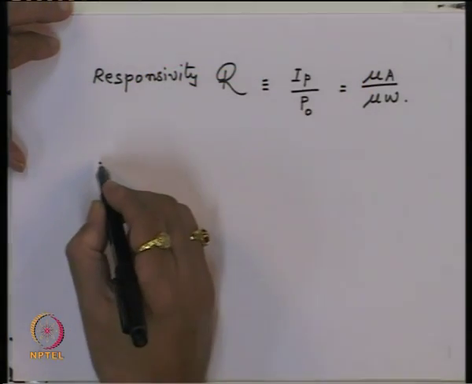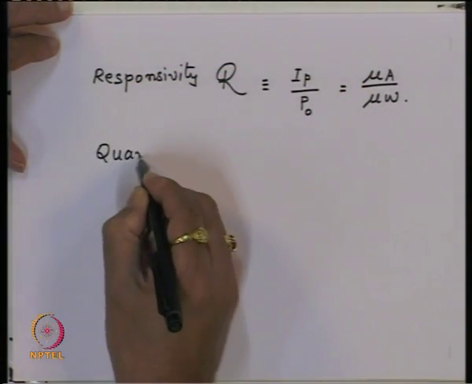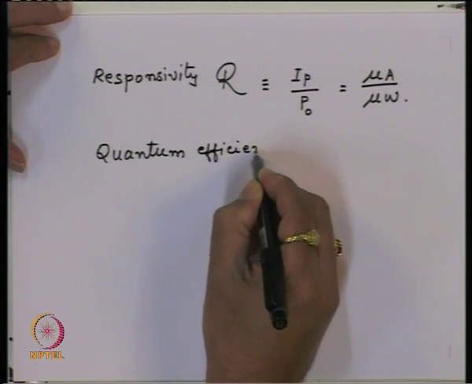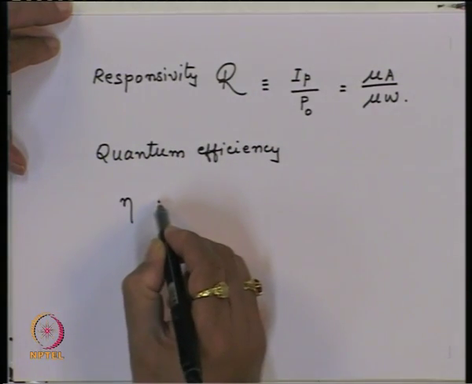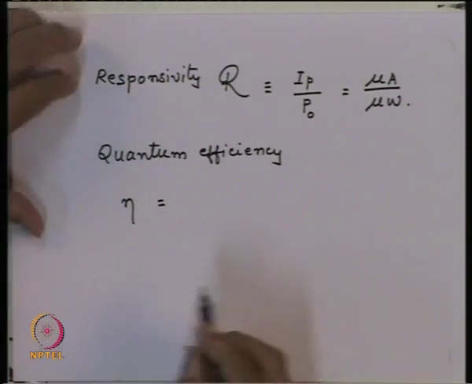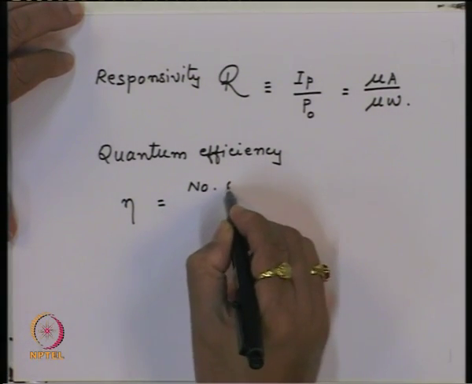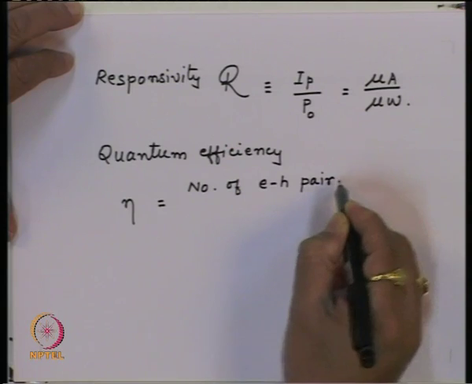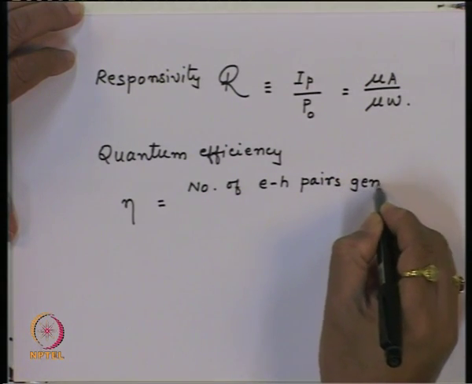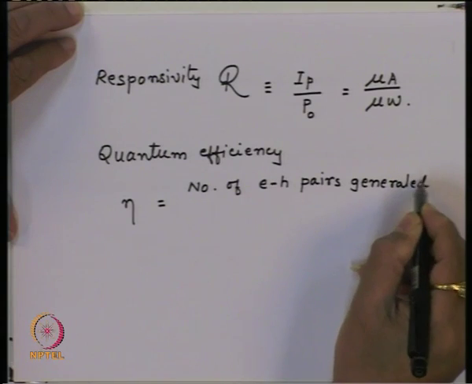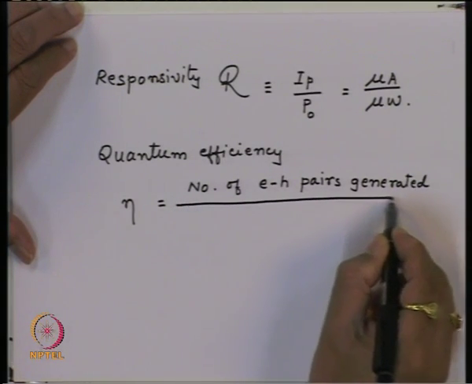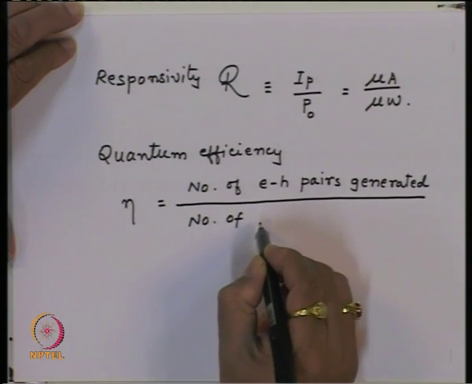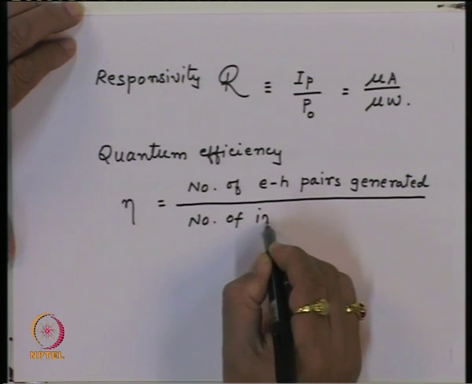So, in this case we can say that the quantum efficiency eta is equal to the number of electron hole pairs generated divided by the number of incident photons.